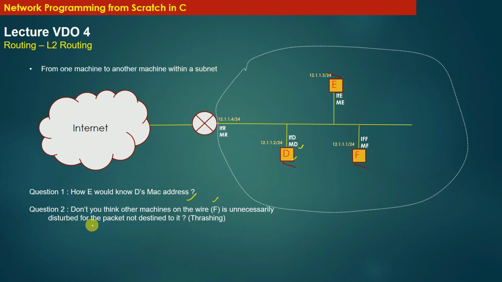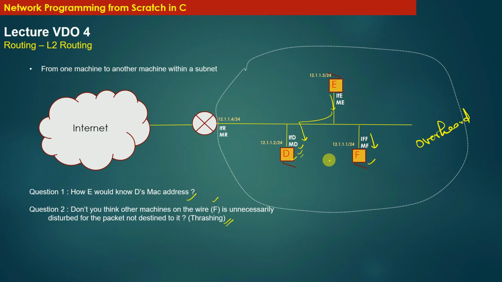Do you think that the other machines on the wire, in this case F, are unnecessarily disturbed by a packet not destined to them? This is called thrashing. For example, let's say machine E is continuously sending data destined to machine D, a stream of packets destined to machine D. All those packets are also overheard by machine F as well as the router.